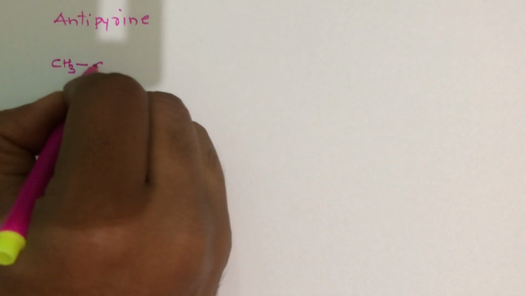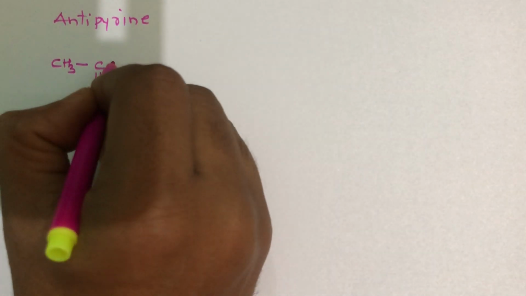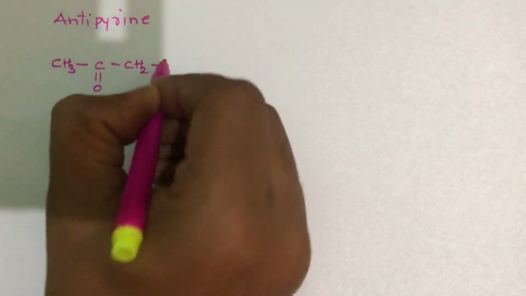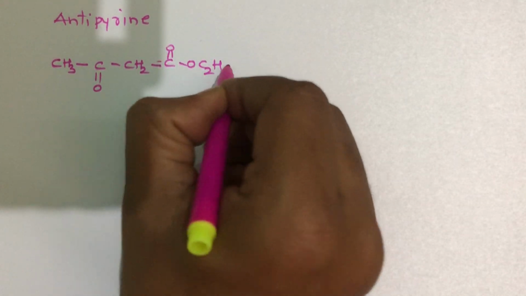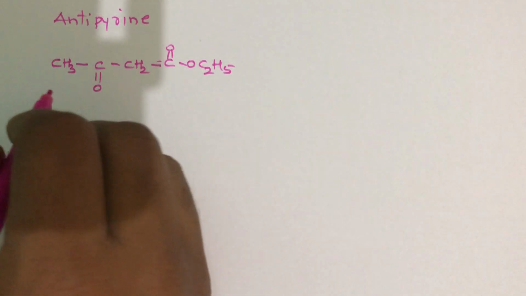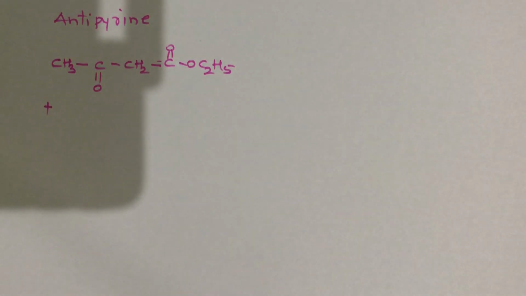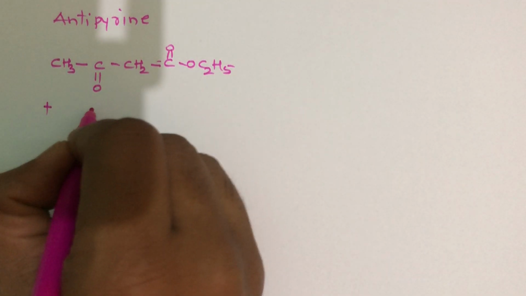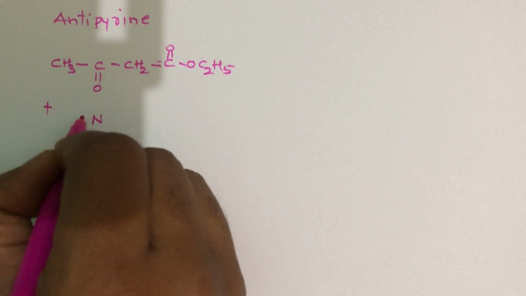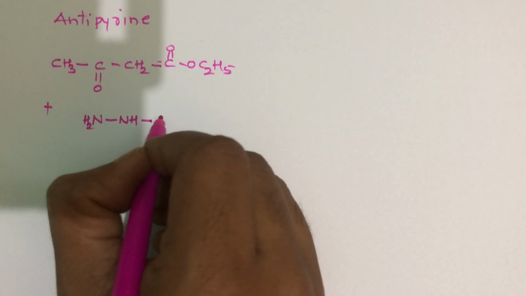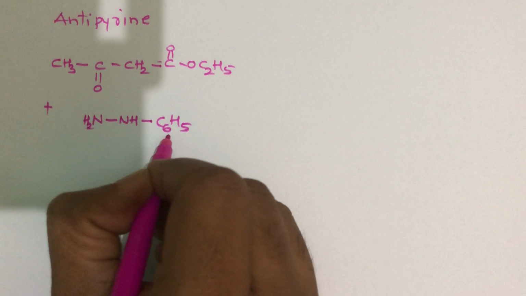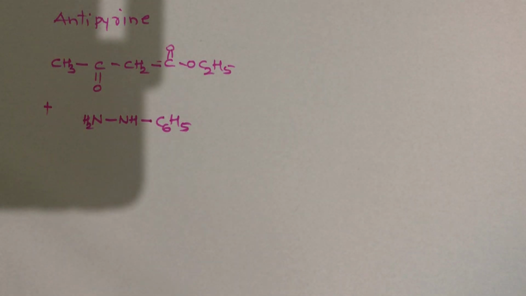Ethyl acetoacetate, that is CH3, C double bond O, CH2, C double bond O, OC2H5, is treated with phenylhydrazine. I hope you know what phenylhydrazine is: C6H5, NH, NH2, with a phenyl group.